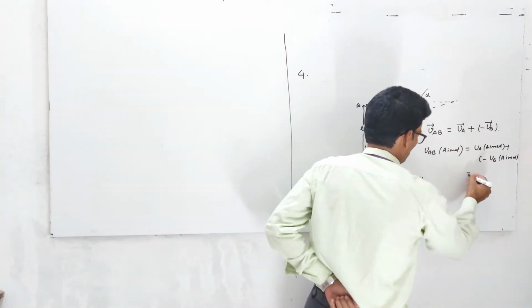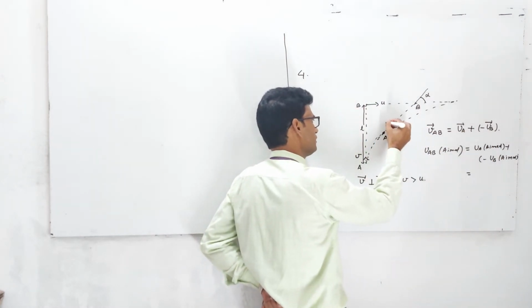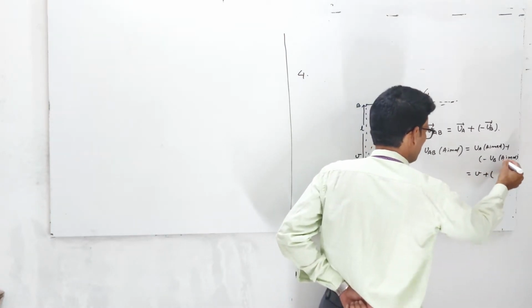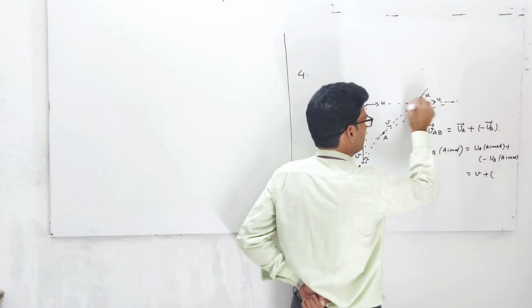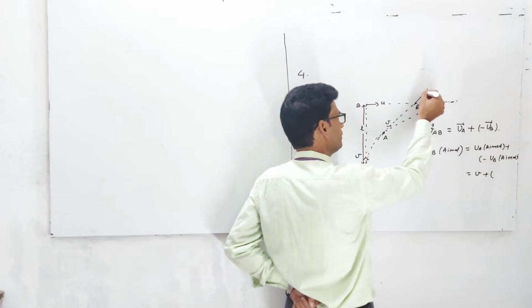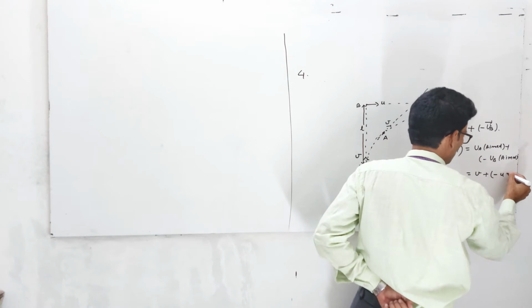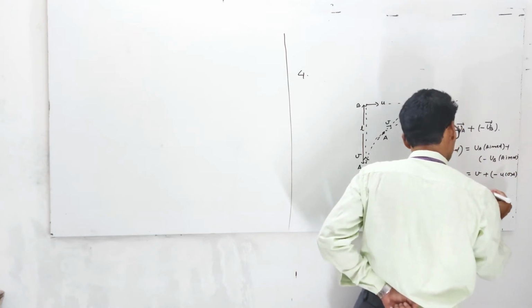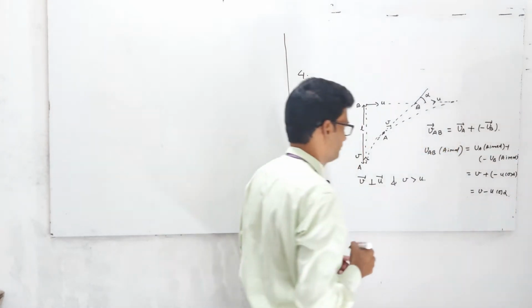So this is equal to, here speed is constant, so this is v, plus or minus, here is say u, the speed in the horizontal direction is constant, so its component in the aimed direction is u cos alpha. So v minus u cos alpha.